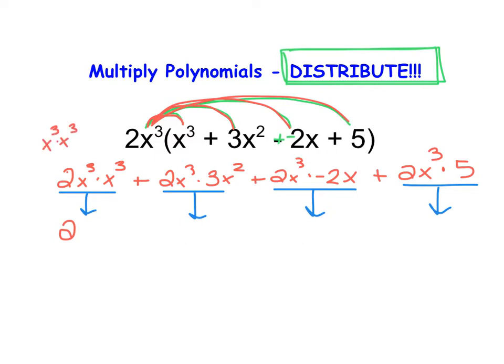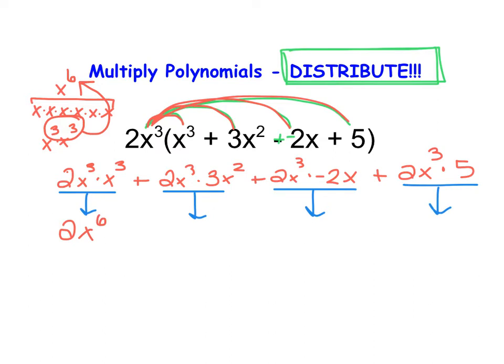If I go back to thinking about exponent properties, I know this is really x times x times x times x times x times x. So here I have 6 x's being multiplied together to give me x to the 6th. I remember, if I have two numbers with the same base being multiplied together, all I need to do is add their exponents together. So as a result, here I have 2 times x to the power of 6.